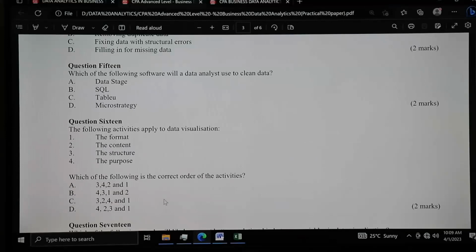Then after identifying the purpose, the structure, the format, and then the content. That means choice B is fine.